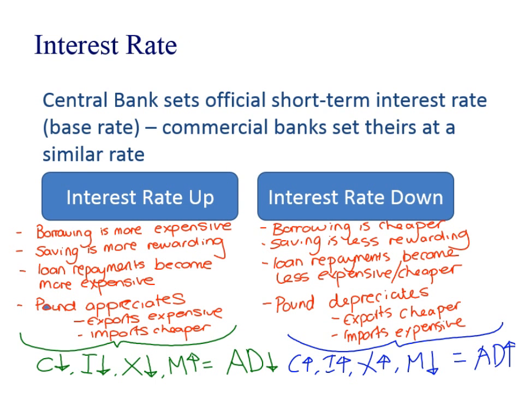Okay, so the central bank sets the official interest rate, which is called the base rate, and this affects the economy. I don't have a bank account with the Bank of England because it's not a normal bank for normal people.